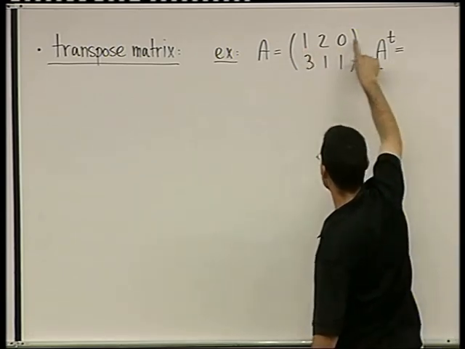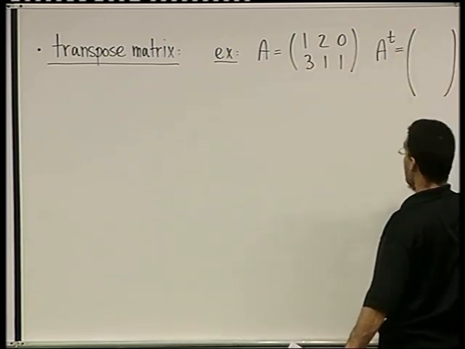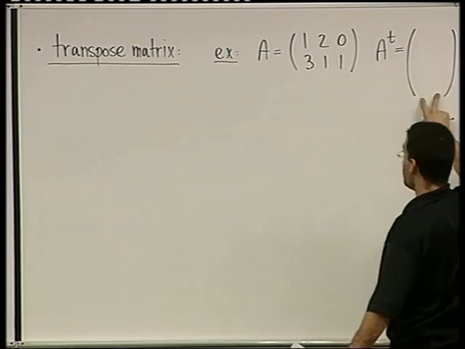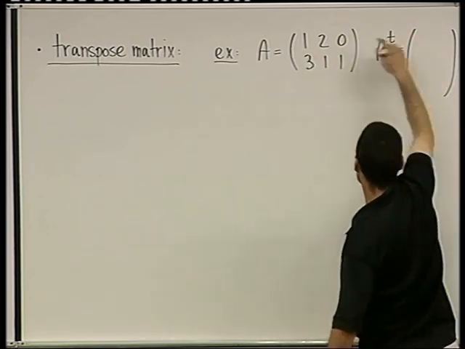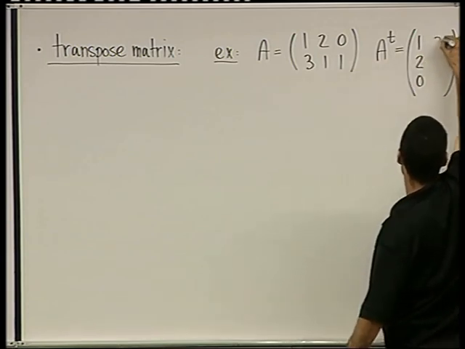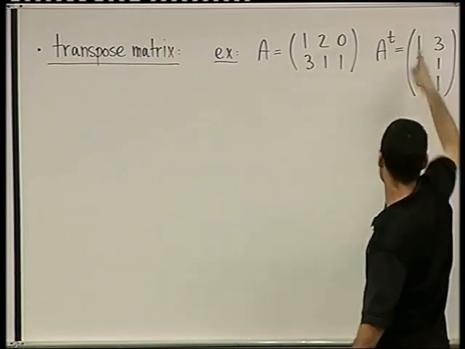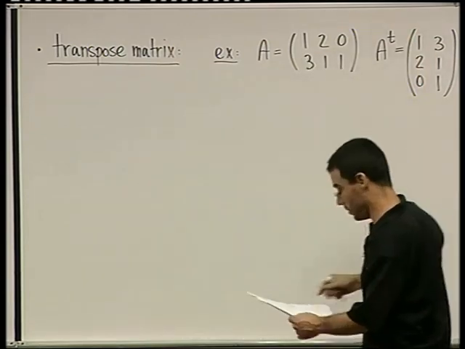So if this one had 2 rows and 3 columns, the transpose matrix is going to have 3 rows and 2 columns. The first row is going to become the first column. The second row is going to become the second column. Is it clear what the transpose matrix is? Reversing the roles of rows and columns. Row 1 became column 1, row 2 became column 2.